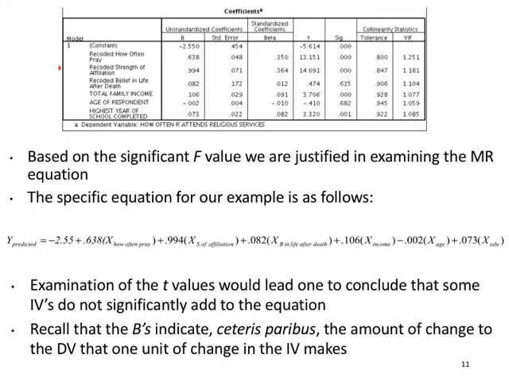So, anybody remember how to calculate the t value? How do we get this column? Oh, the b divided by the standard error of b. Yeah, just like you did with kurtosis and skewness, it's dividing some coefficient, in this case a b coefficient as opposed to a skew coefficient.